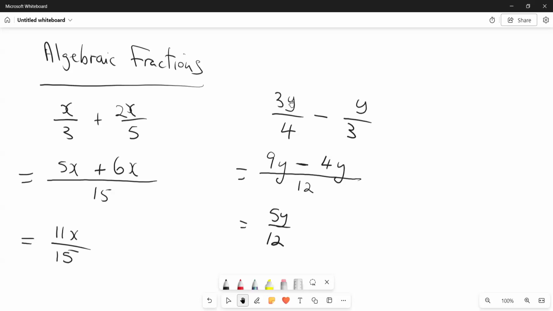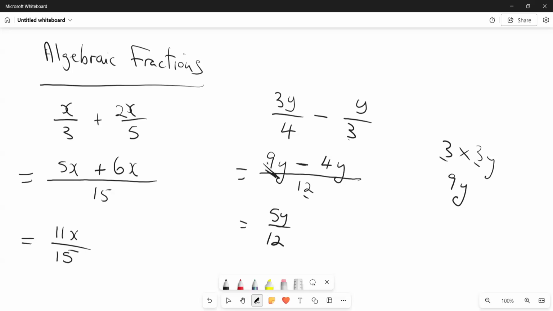You multiply that by the numerator here, 3y. So 3 by 3y gives you 9y. If you're not certain of that, then write it down like this: 3 multiplied by 3y. 3 multiplied by 3 is 9, and you put back the y. That's how we get 9y.